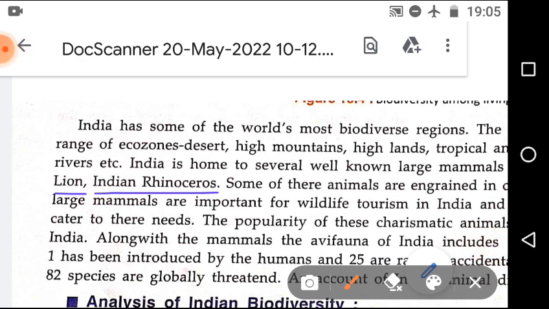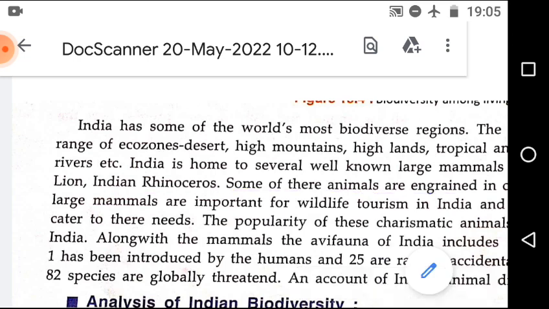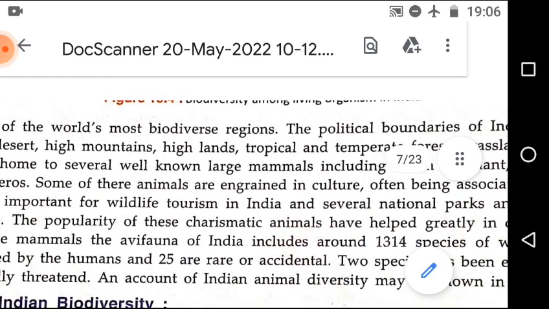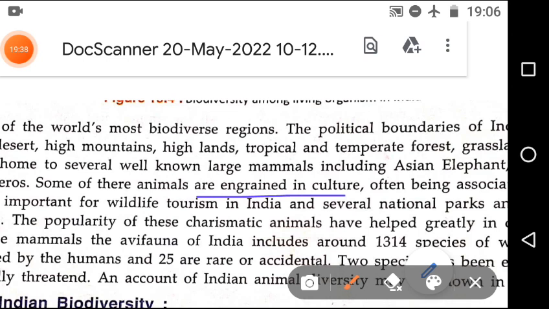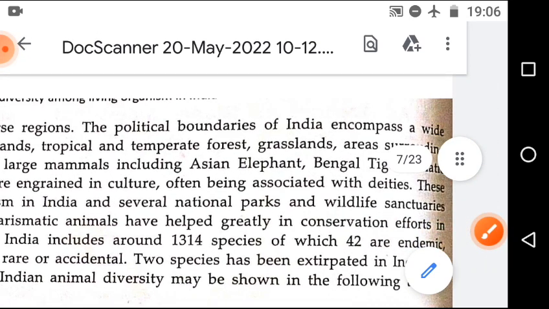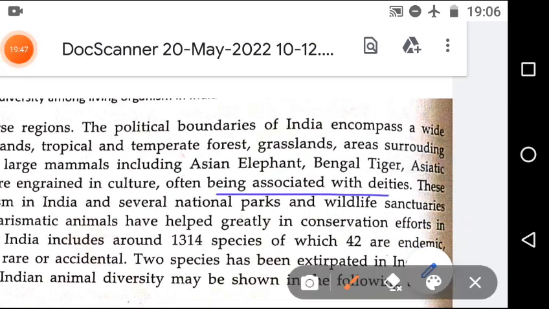Some of these animals are ingrained in culture, often being associated with deities. Some of these mammals are ingrained in the culture, and some of the animals are often associated with deities.